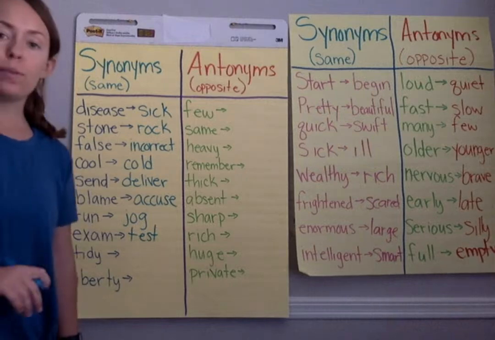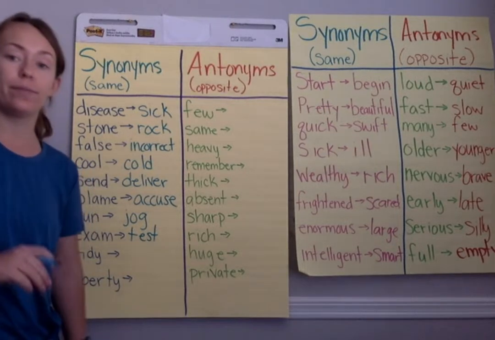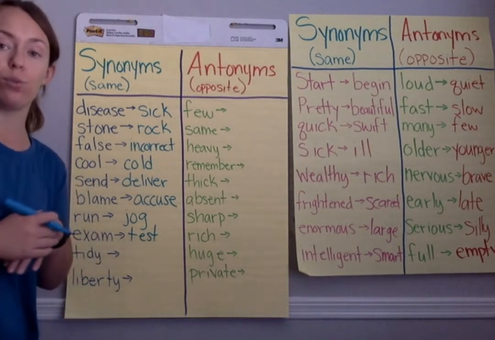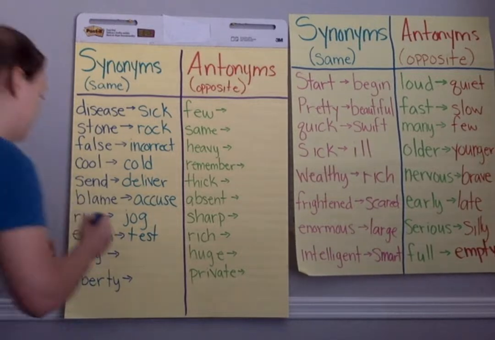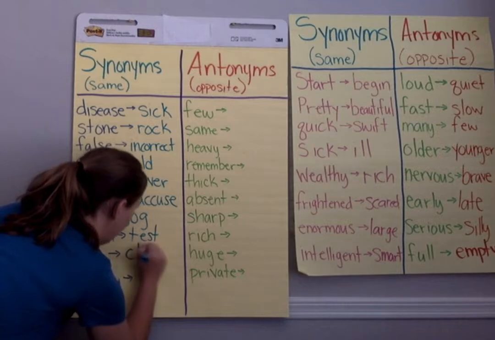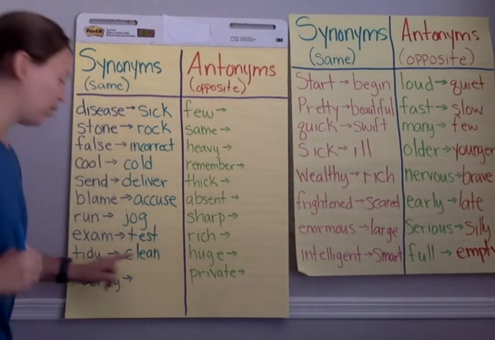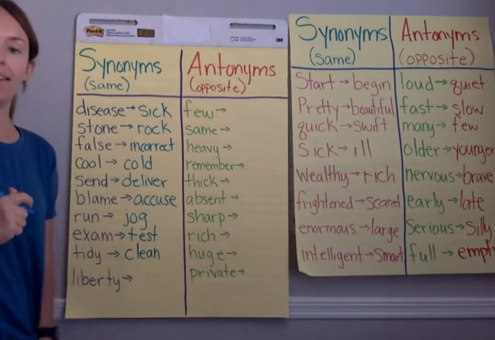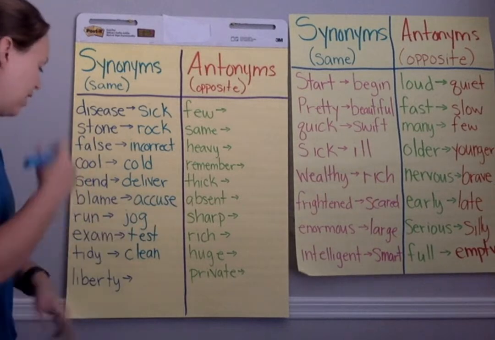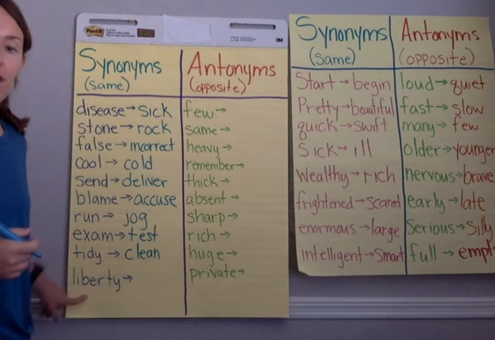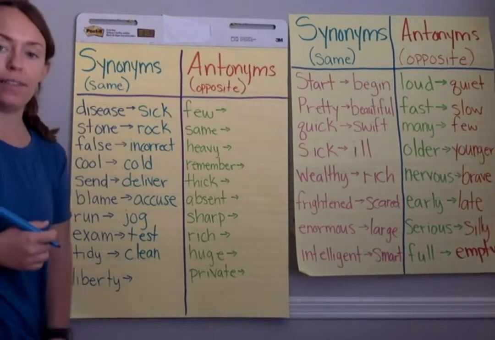If I say my room is very tidy right now, what's another word I could use to say that it's tidy? I could also say it's very clean. I just tidied up my room. I just cleaned up my room. All right, last one for the synonyms. We've got this word, liberty.